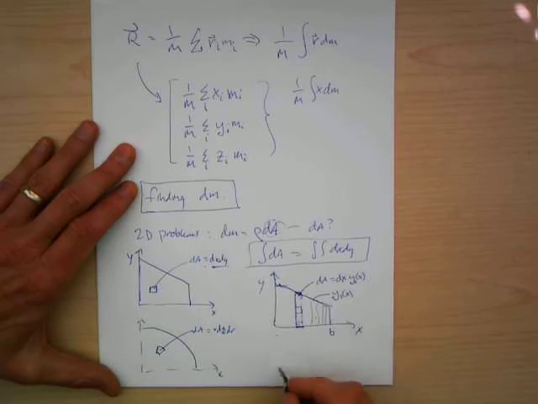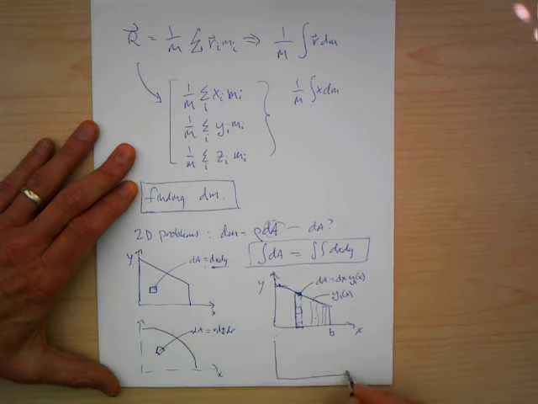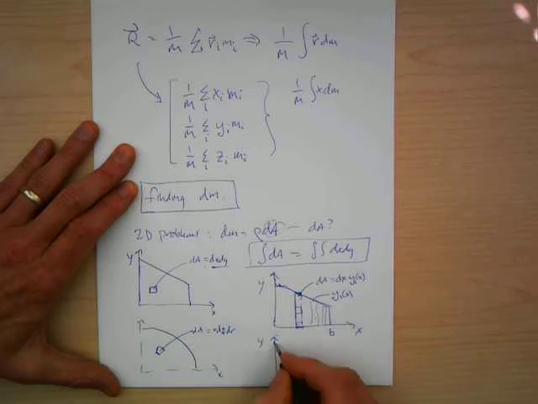Now, an alternate way that you could break this up is to imagine doing it this way. Instead of vertical strips, let's imagine you do horizontal strips, like so.